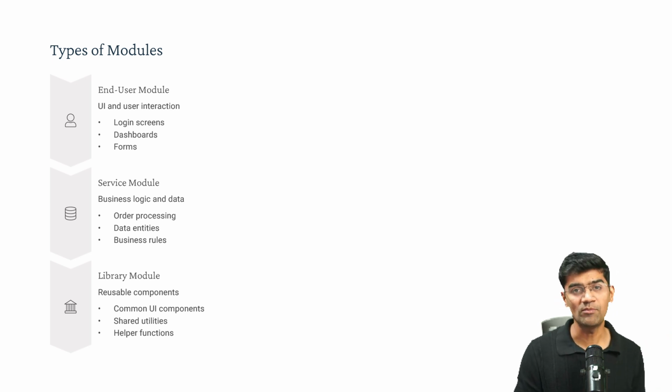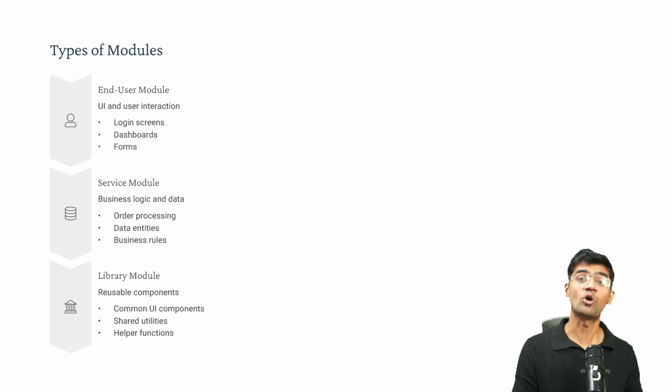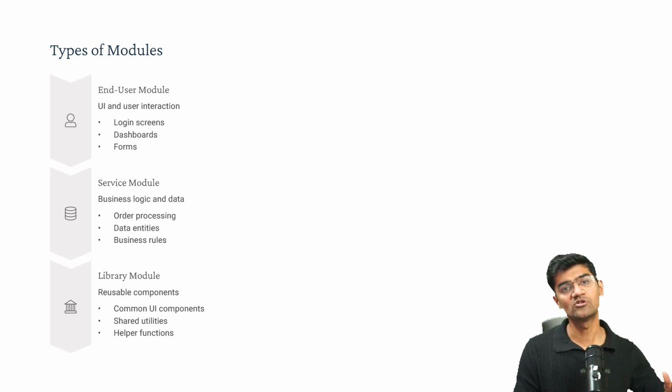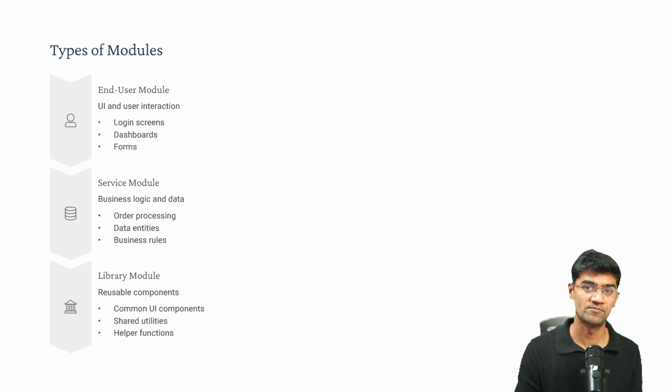There is one more type of module available in OutSystems, which is the extension. If we need to develop something which is not readily available in OutSystems, then we can develop .NET code and integrate that with our OutSystems application in the form of an extension. In that case, we create an extension type of module.